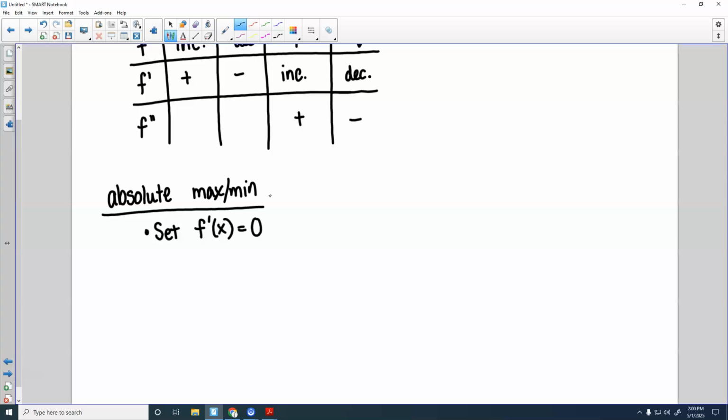Sometimes you're finding this from a graph, sometimes from an equation, but it's the places where your derivative equals 0. What are they called? Critical points.